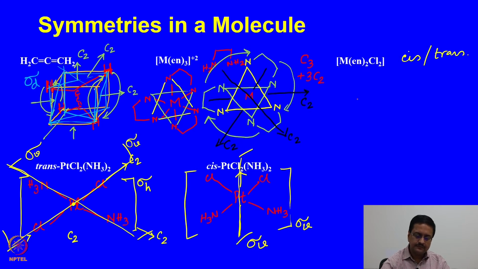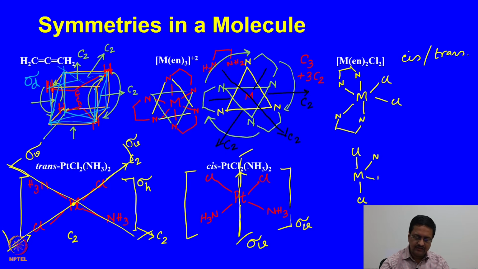So, if we write M Cl Cl and then en can be like that. So, this is cis and the other is trans, where you write M Cl and Cl above and below, and the ethylene diamine is in the equatorial plane.